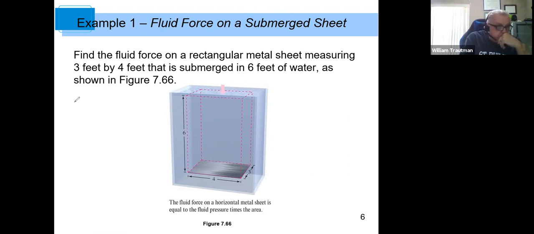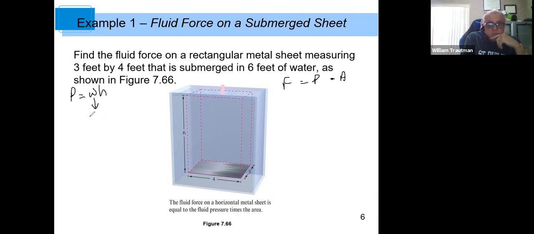We know pressure equals the density times the depth, and then we know fluid force equals the pressure times the area.